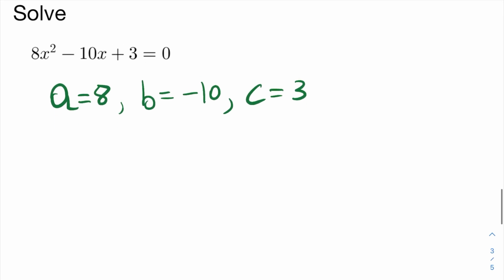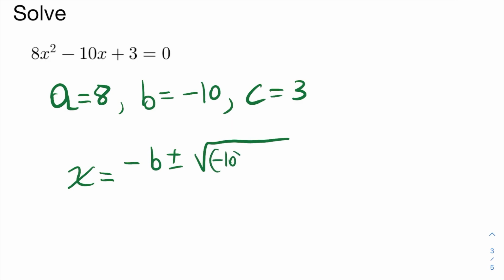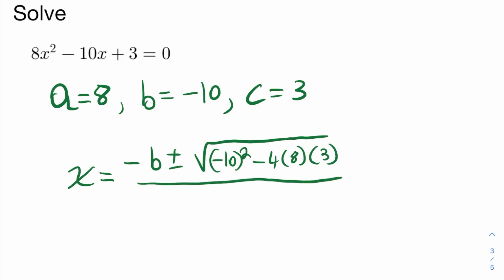So once again, the formula says x is equal to -b plus or minus the square root of b squared, which is -10 squared, minus 4 times A times C, all divided by 2 times A, which is 2 times 8.